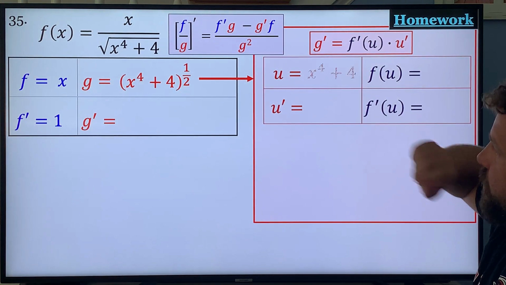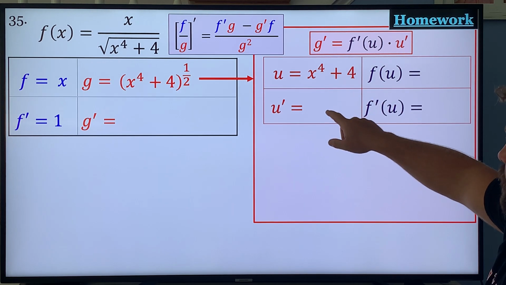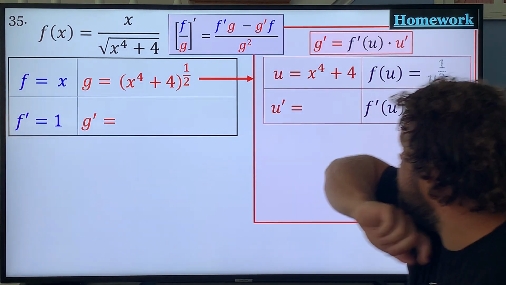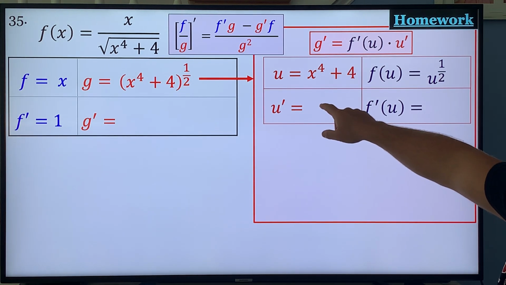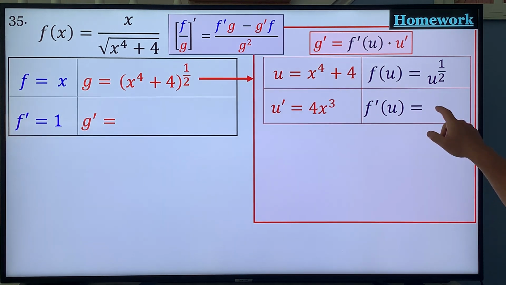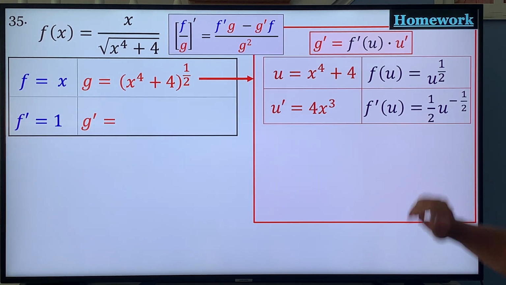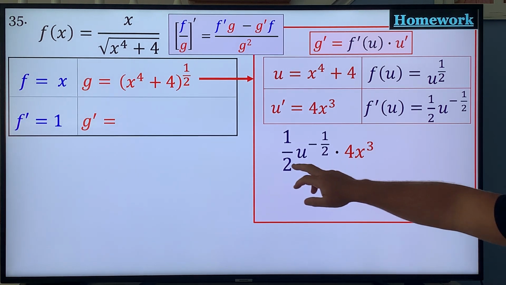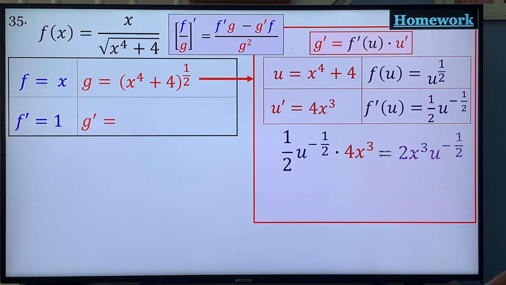U is the inside, x to the fourth plus 4, to the 1/2 power. Derivative is 1/2 u to the negative 1/2 times 4x to the third. Multiply 1/2 u to the negative 1/2 times 4x cubed. Half of 4x cubed is 2x cubed u to the negative 1/2.